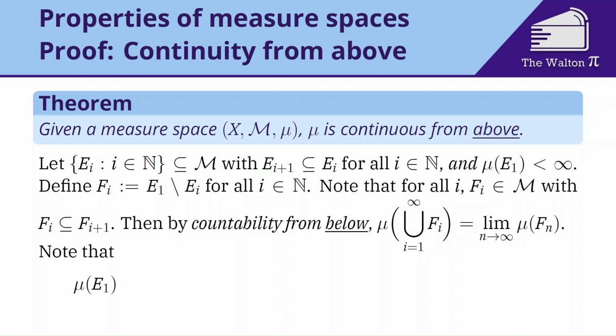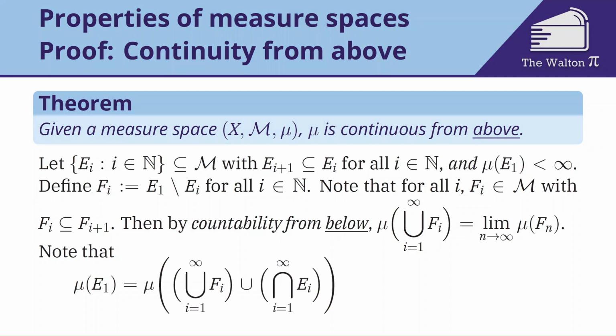Okay, but then mu of E_1 is equal to mu of the union of the F_i's unioned with the intersection of all the E_i's.